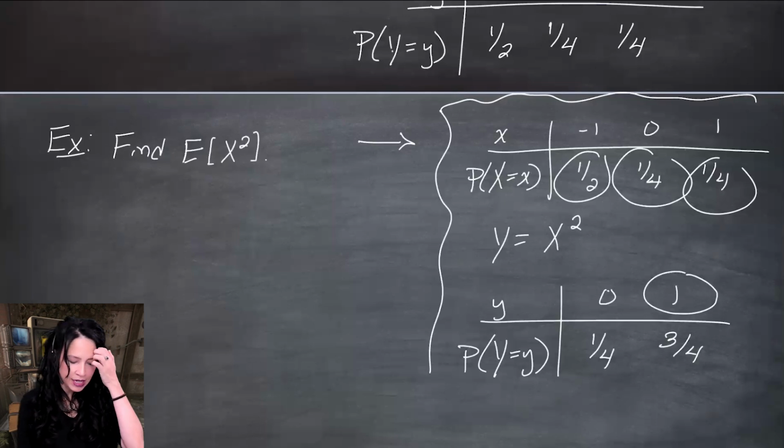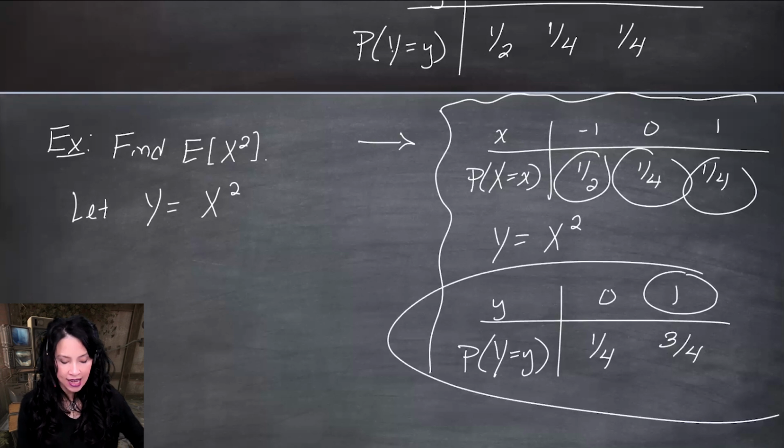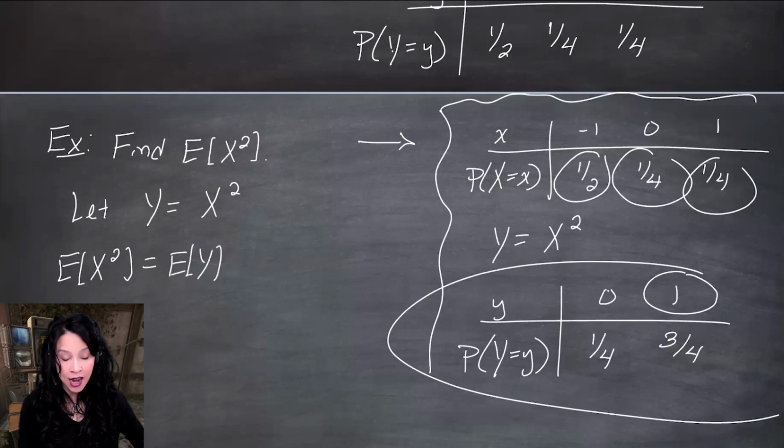One way to do this is to think of x squared as a new random variable and find the new distribution for y, and then the expected value of x squared is simply the expected value of y. And now we're back to just a plain old random variable, not a function of the random variable. So this is the sum over all little y of y times the probability that y equals little y.